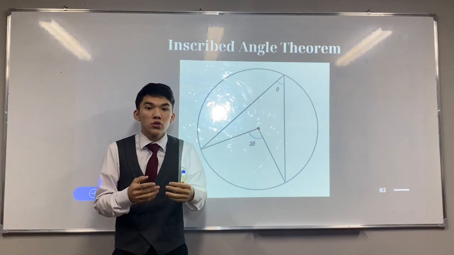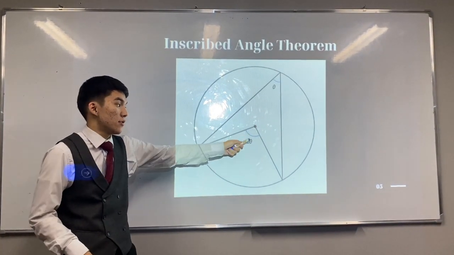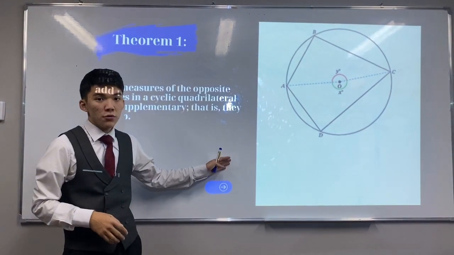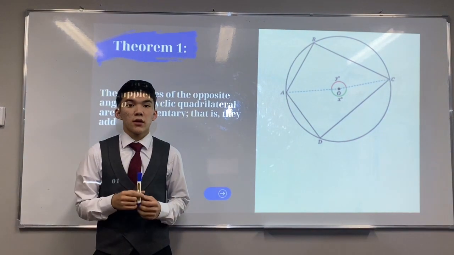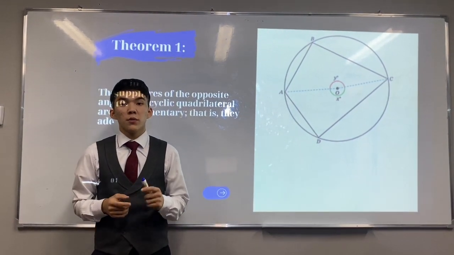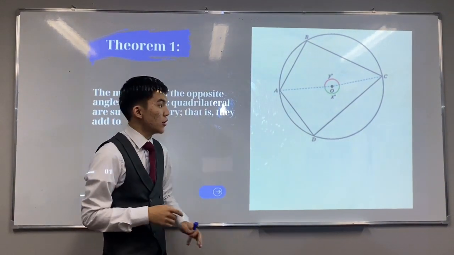In other words, the angle at the circumference is half the angle at the center. Our first theorem is: the measures of the opposite angles in a cyclic quadrilateral are supplementary. That is, they add to 180 degrees.